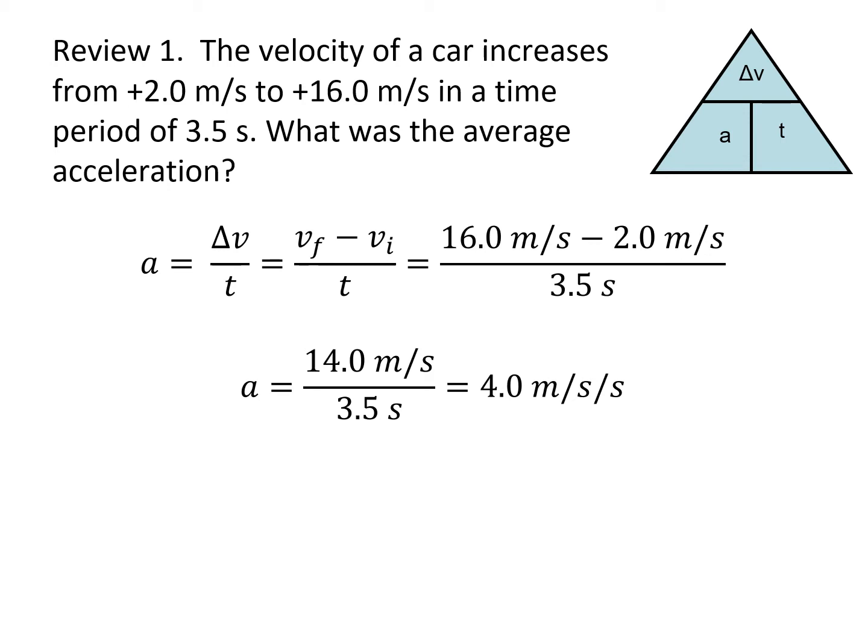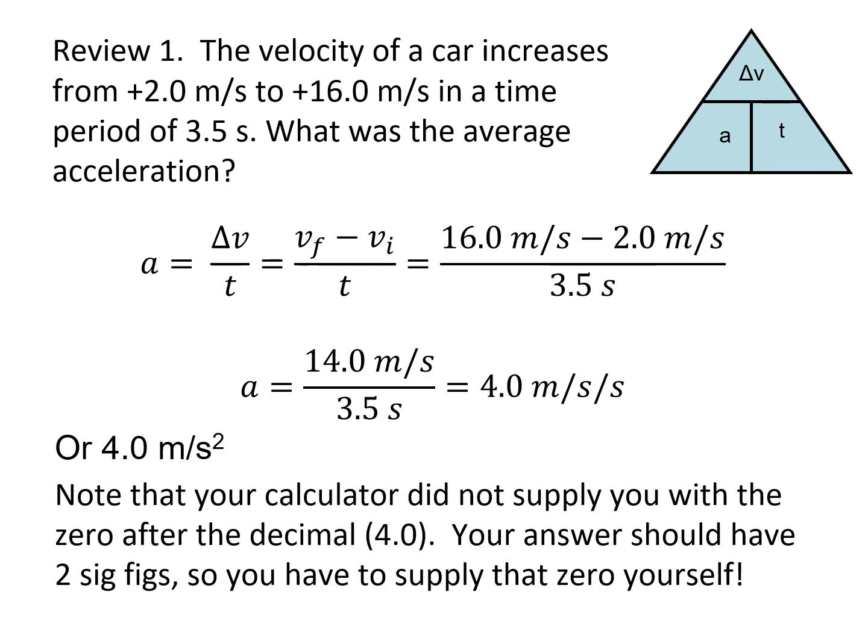Another way to show that is to say meters per second with a dot between the 2 seconds, or to say meters per second squared. Mathematically, all of those ways are equivalent. Now, one thing to make a very big note on is that when you do this calculation in your calculator, 14 divided by 3.5, your calculator will only say 4, but the answer is 4.0.